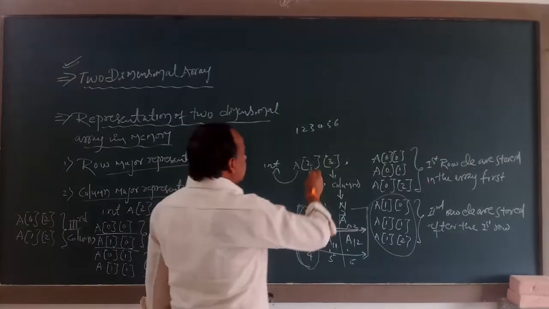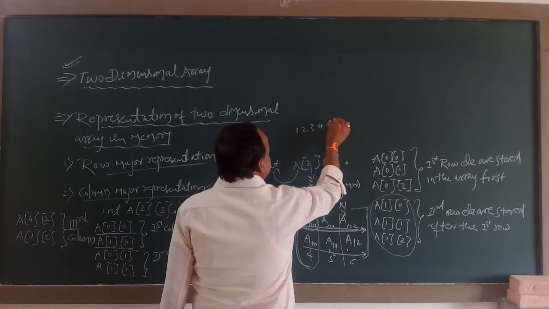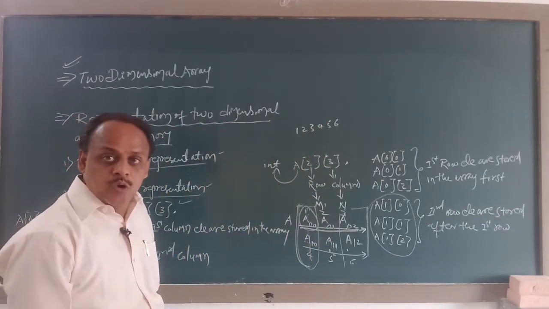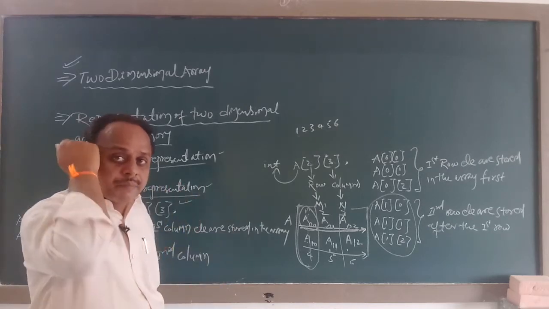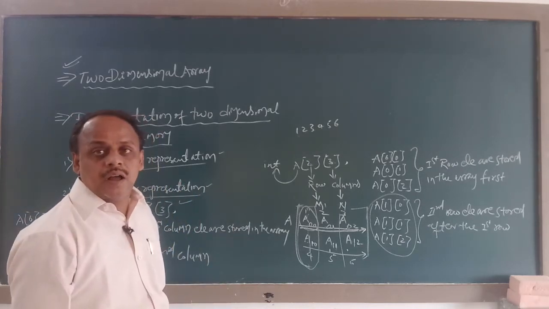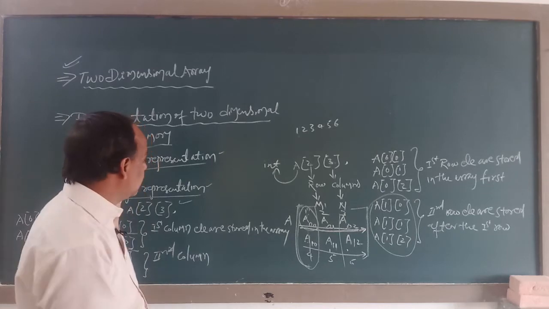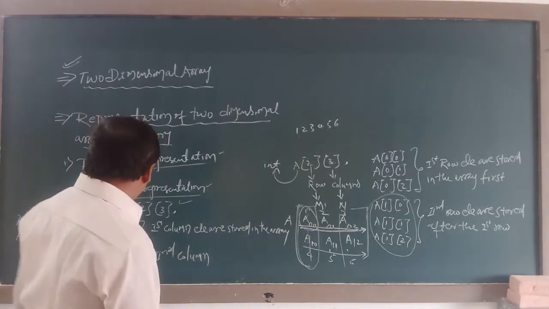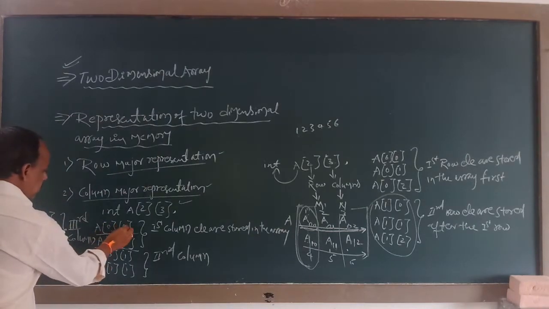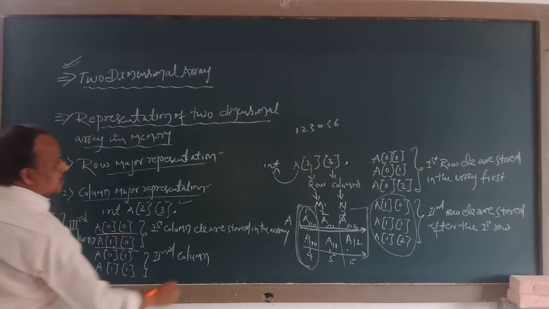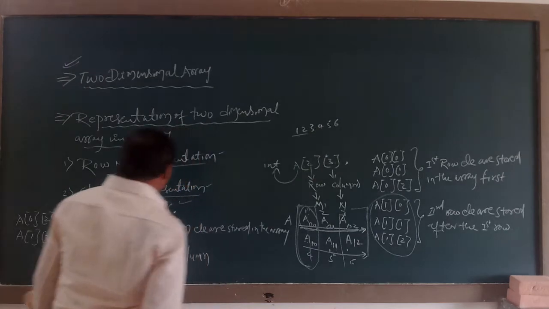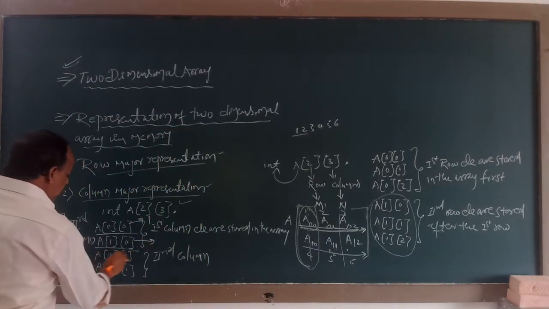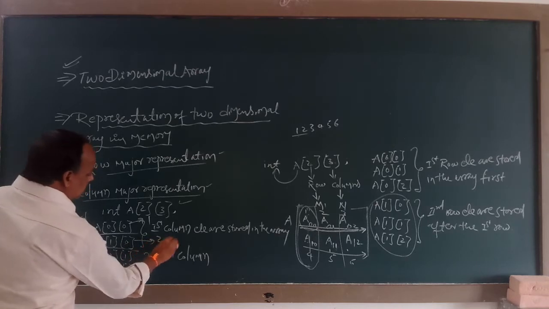So I am entering 6 elements, 1 2 3 4 5 6. How are these elements going to be stored in column major order? Column-wise elements are stored: first column means 0 0 and 1 0. So of the first entered elements, 1 is going to be stored in A[0][0], 2 is going to be stored in A[1][0], right?